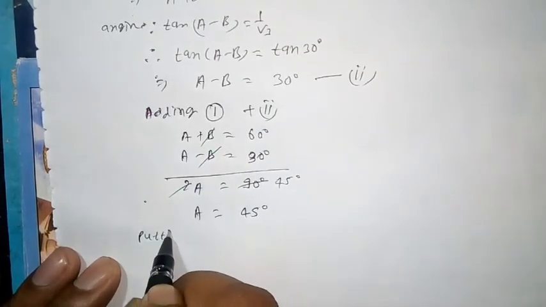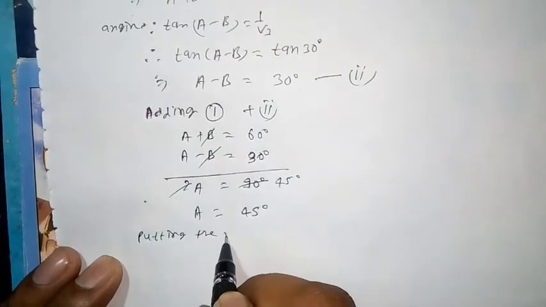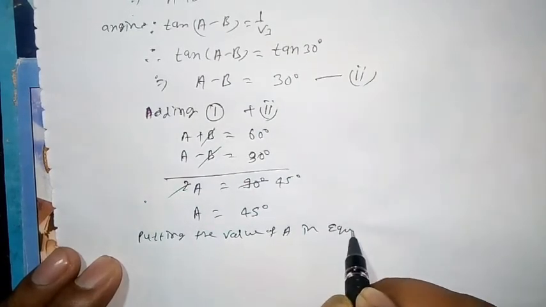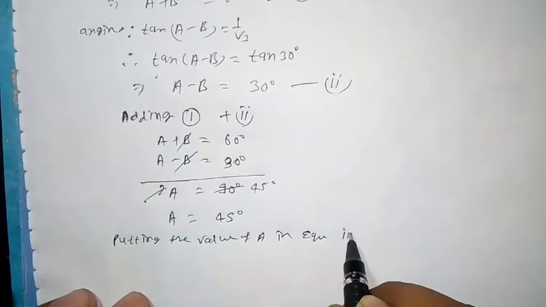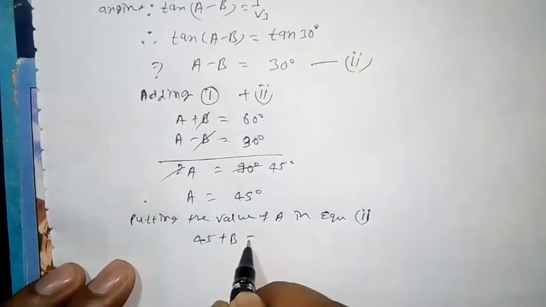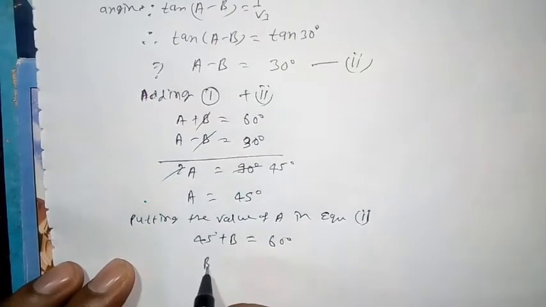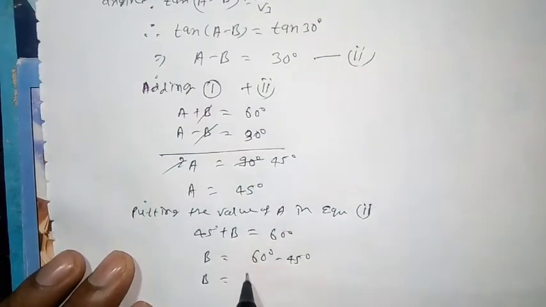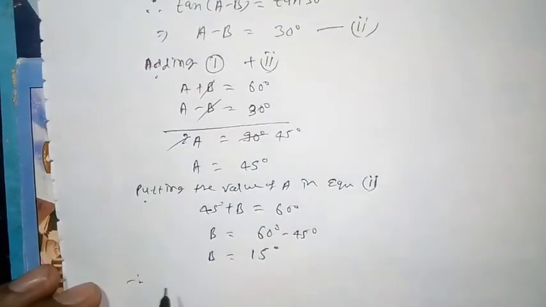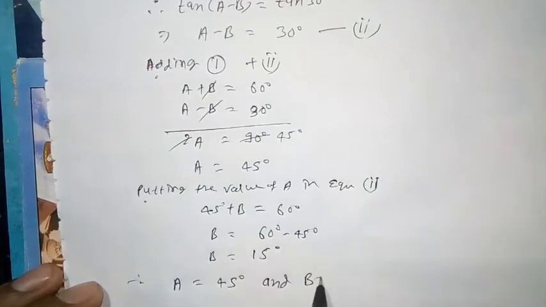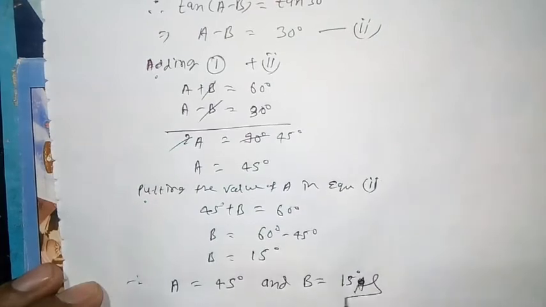Putting the value of A in equation 1, 45 plus B is equal to 60 degree, B is equal to 60 degree minus 45 degree, B is equal to 15 degree. Therefore A is equal to 45 degree and B is equal to 15 degree. Answer.